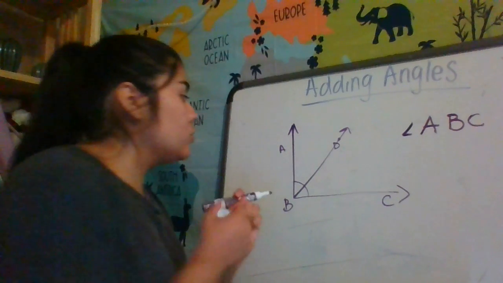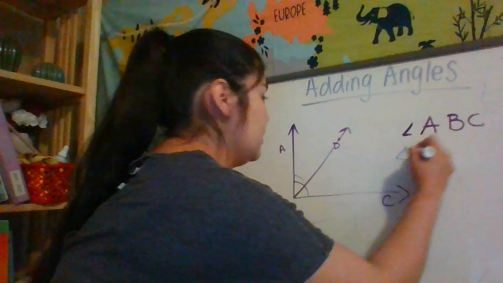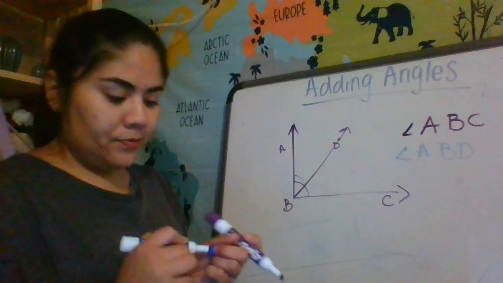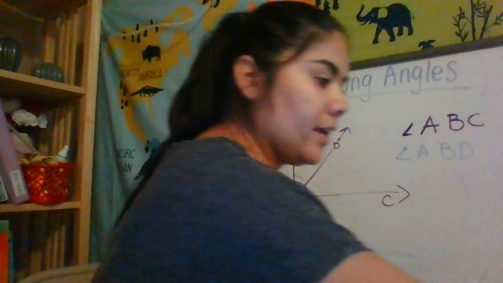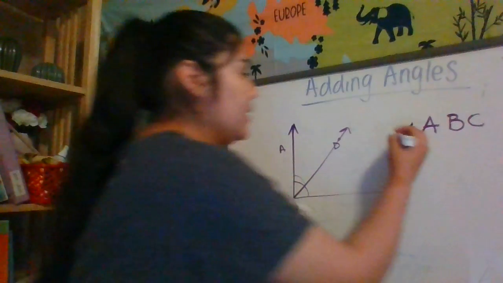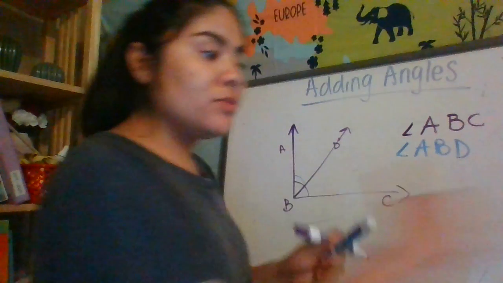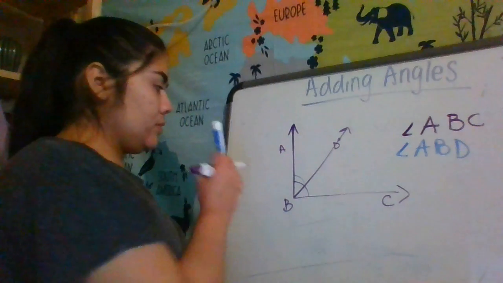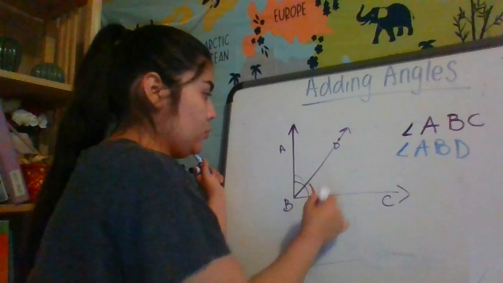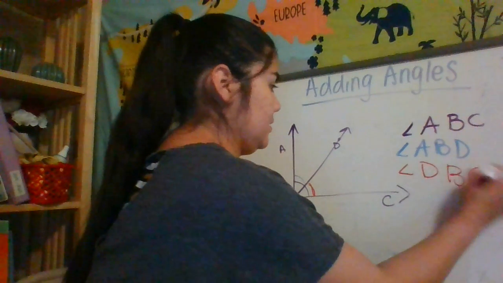We have this one right here, which is angle ABD. But we also have one more angle, just this part here, which we could call angle DBC.